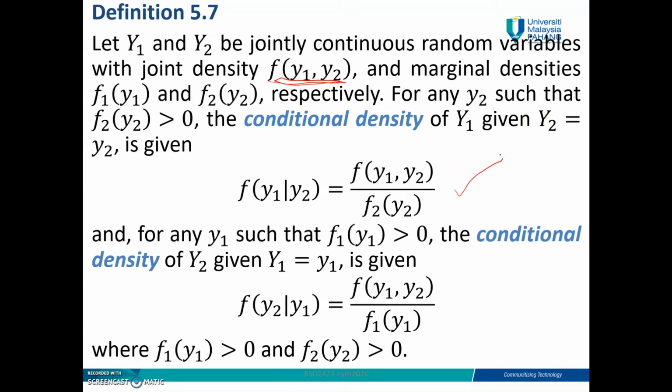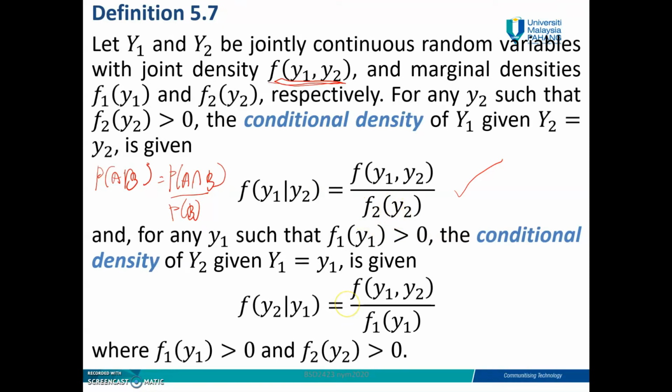The concept is similar to conditional probability: when you have probability of A given B, you have probability of A intersect B over P(B). Similarly here, the conditional density of y1 given y2 will be like this, and the denominator should be greater than 0. If it equals 0, it will be undefined.